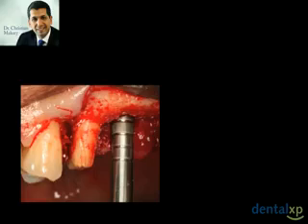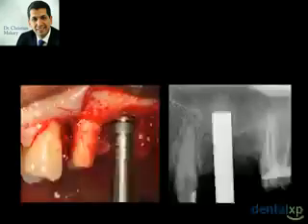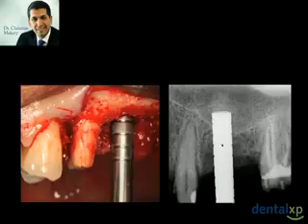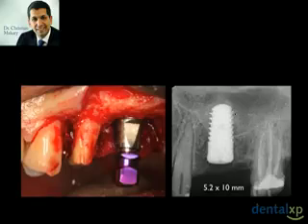From the left side, the same procedure is done again, and you can see that our osteotome is going into the sinus, and you see the amount of bone graft that is placed and that is reaching a level that will allow us to place an implant of 10 millimeters into that sinus.